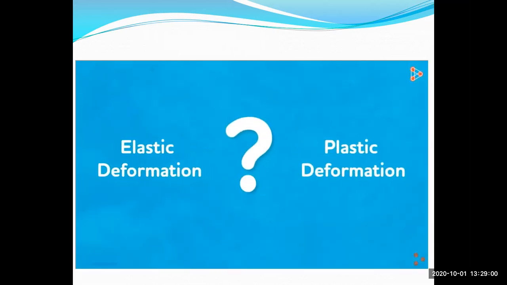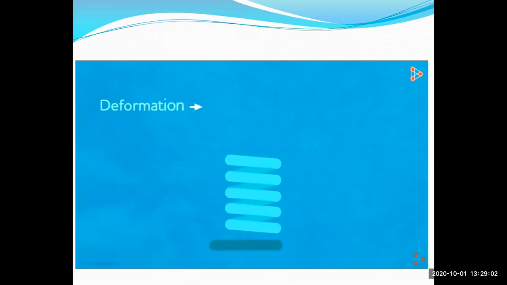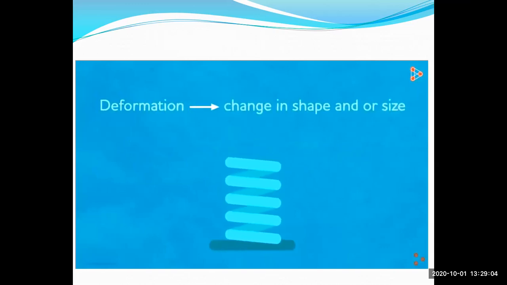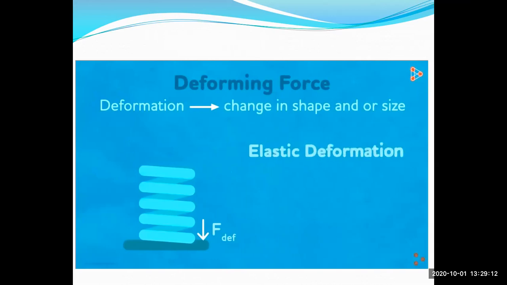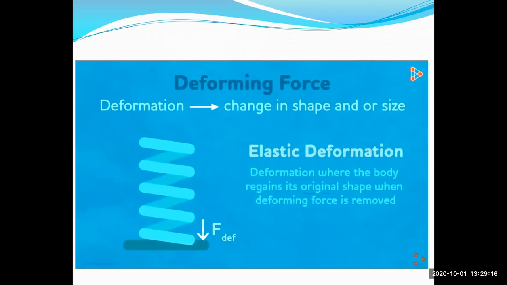What are elastic and plastic deformations? Well, deformation means the change in shape and or size of the body. And the force which deforms an object is called deforming force. Elastic deformation is the case of deformation where the body regains its original shape as soon as the deforming force is removed.